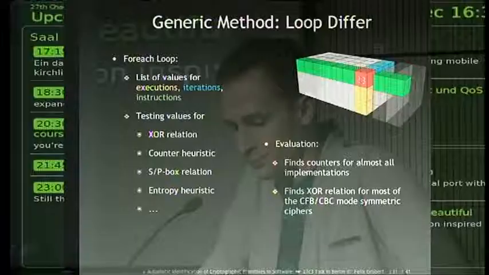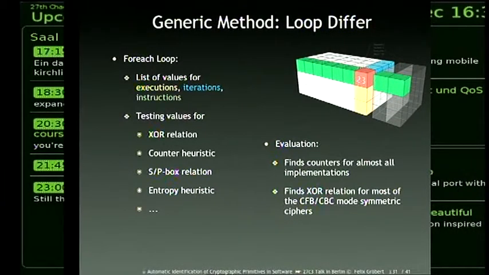One generic method I implemented was the loop differ. You can think of a loop as a three-dimensional cube where each axis has a number of executions, instructions, and iterations. So, for example, here in the green axis you have the instructions.